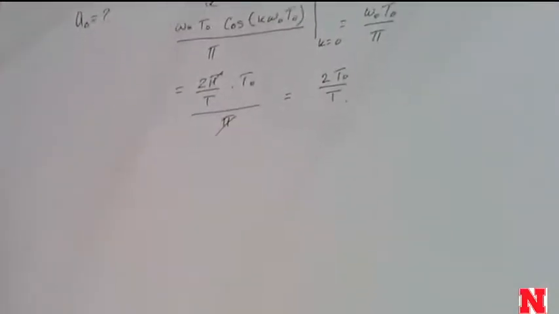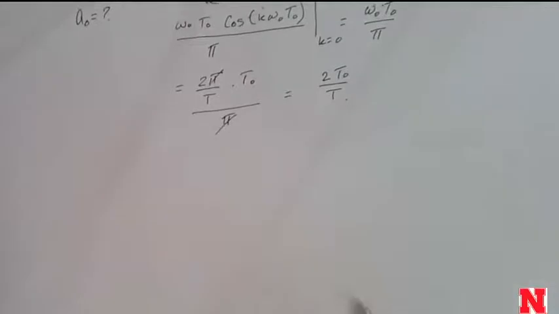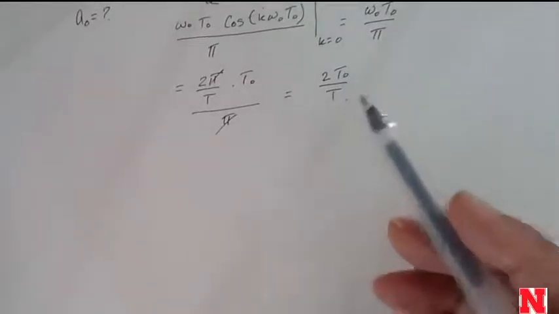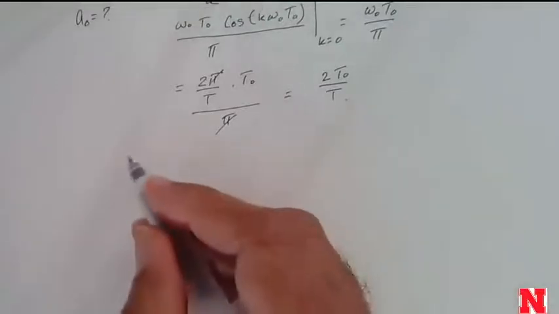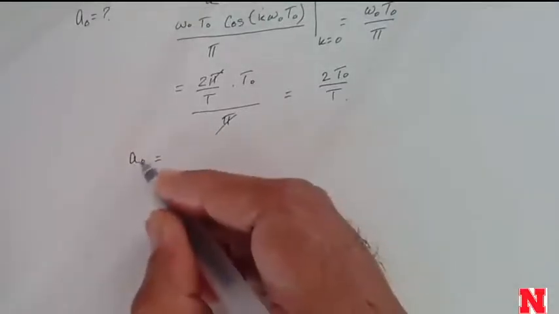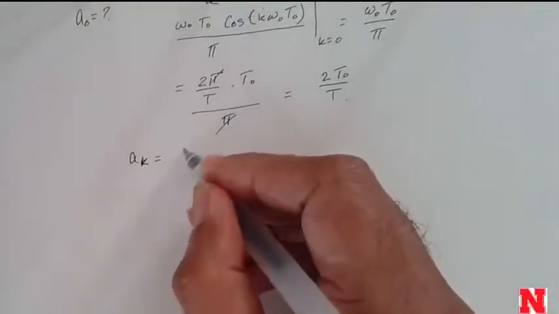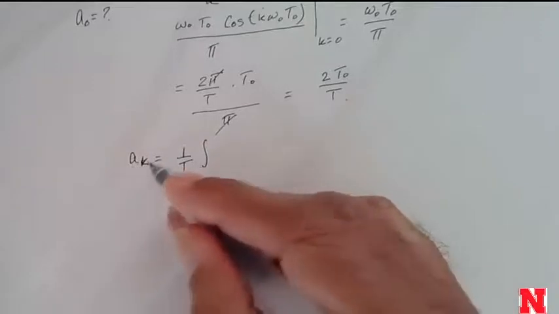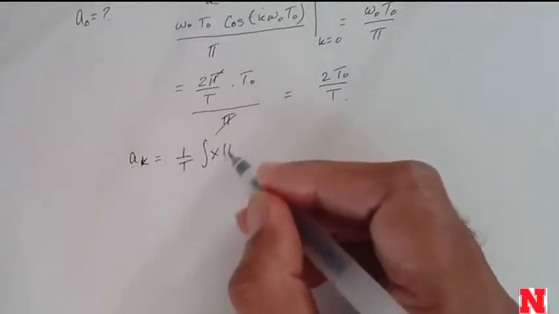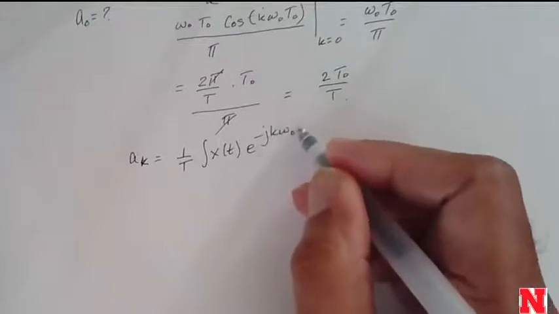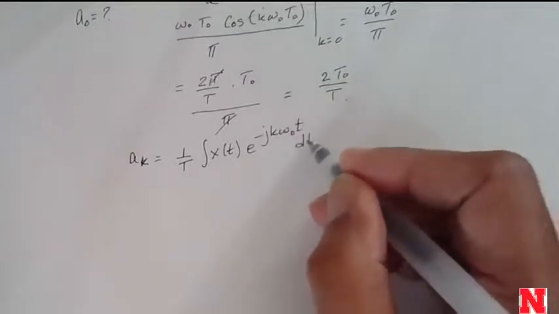Let me just take a few minutes and talk about what a0 is. So instead of writing this generic form, let's write the generic form first, and then I'll write the specific form. The generic form was a sub k is 1 over T integral over 1 period of x of t e to the minus j k omega naught t dt.